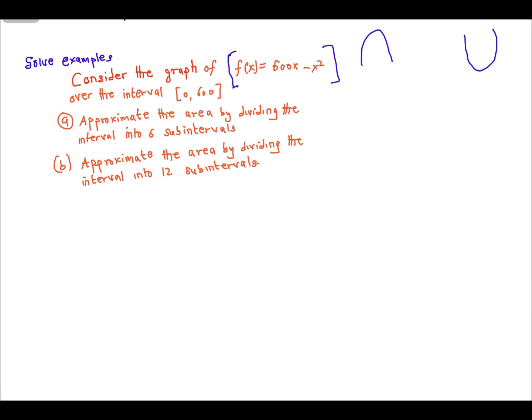This is because the coefficient of the highest power, x squared, is negative, and therefore it will be a maximum. If it was plus, then it would have been a minimum, and the graph would have been like this. But in this case it's not plus, therefore it's a maximum function. That's what you need to take note of.